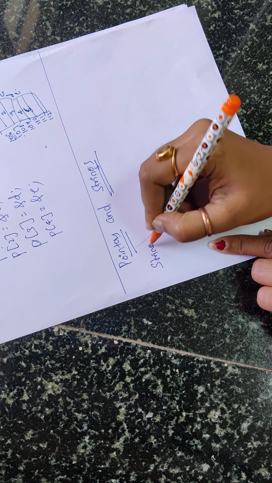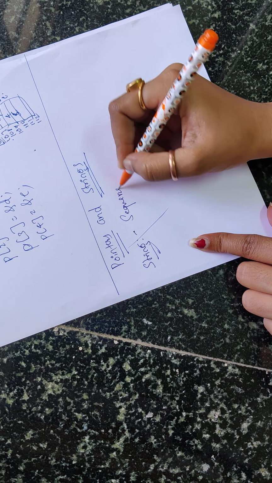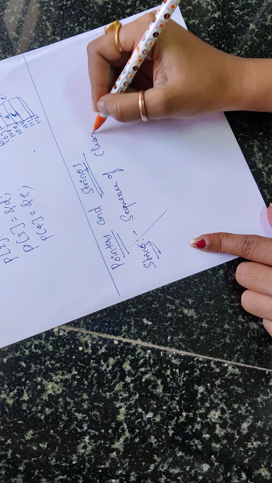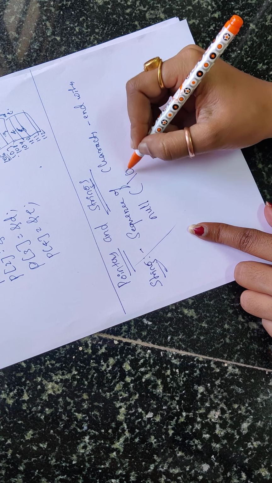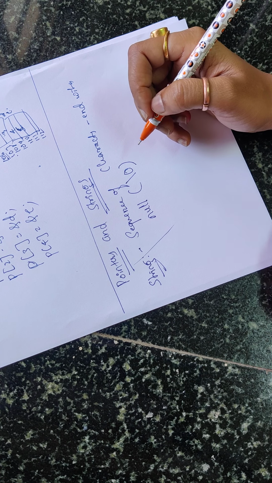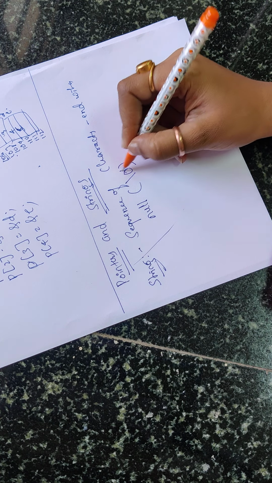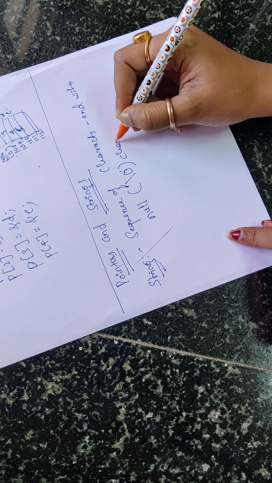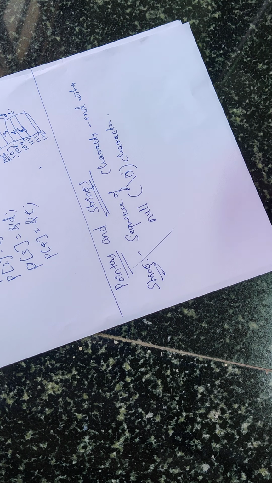What is a string? A string is nothing but a sequence of characters and it always ends with the null character, which is \0. So this is also called the null character.